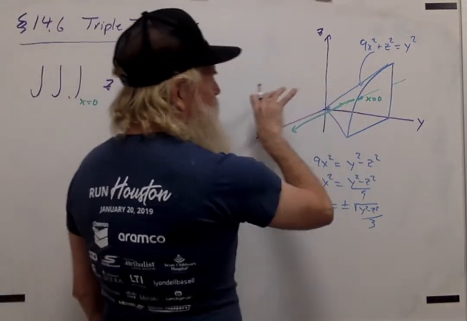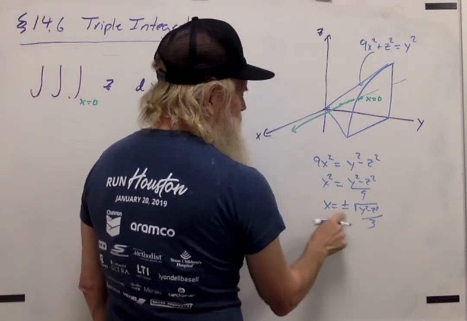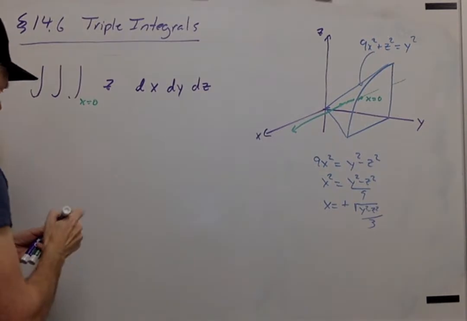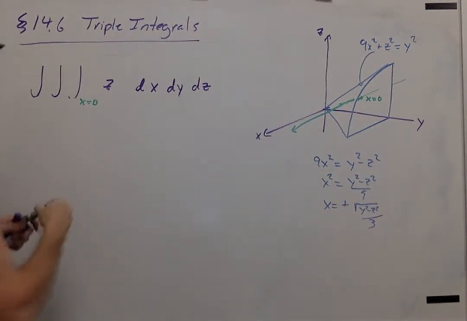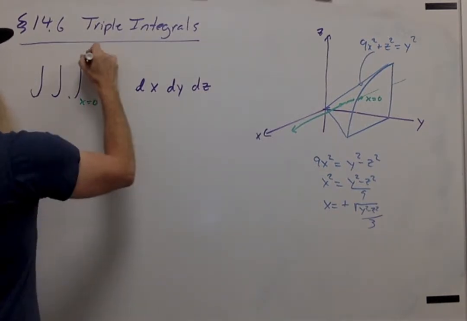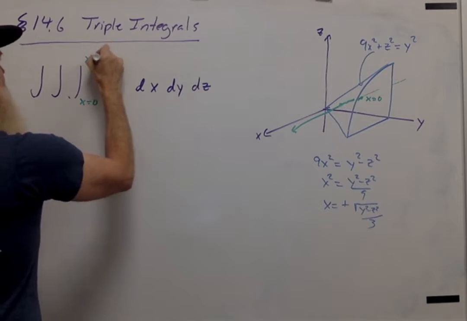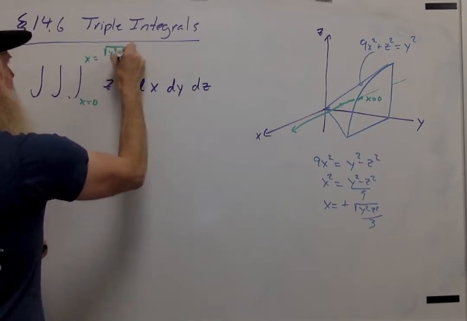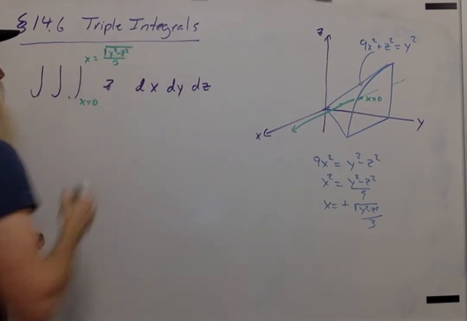Now, the part that's in the first octant has a positive x coordinate, so I actually need the plus. So that's going to be my upper bound of integration for x: the square root of y squared minus z squared over 3.